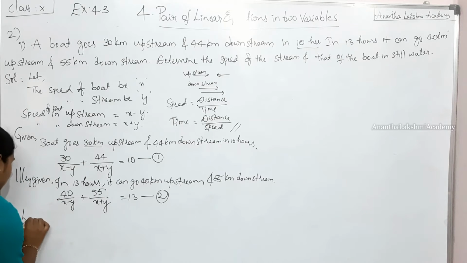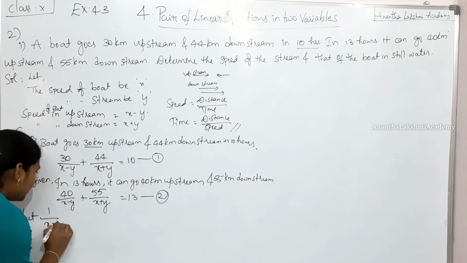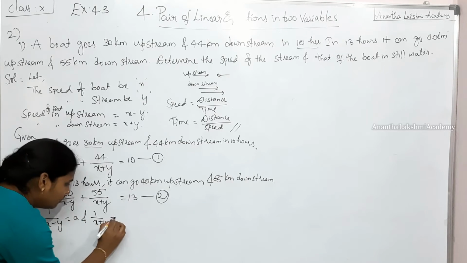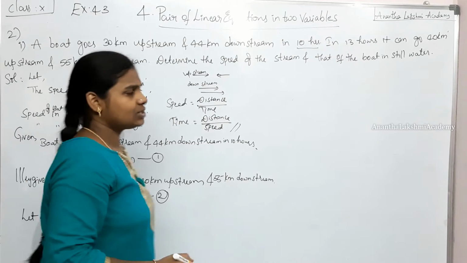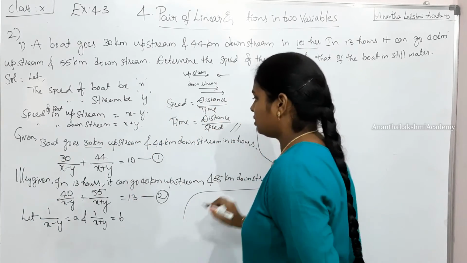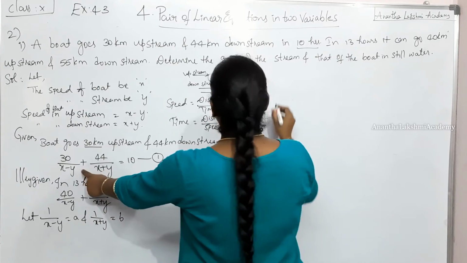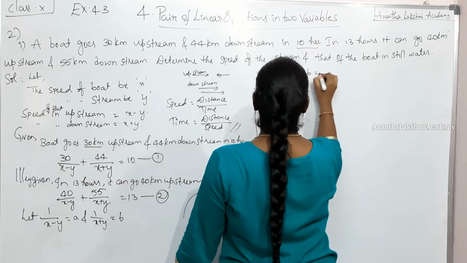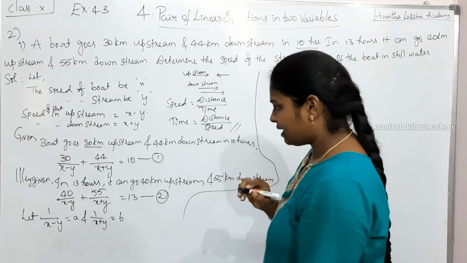So let 1 by x minus y be a and 1 by x plus y be b. How are those equations going to turn out? 30a plus 44b is equal to 10. That is one equation.